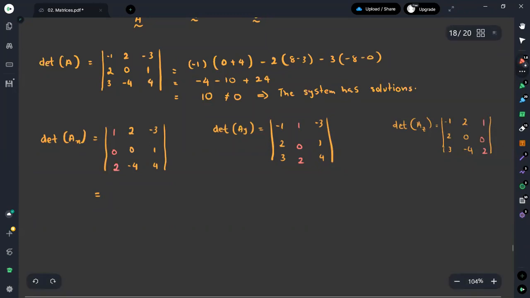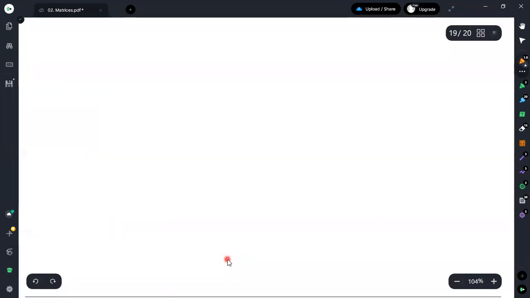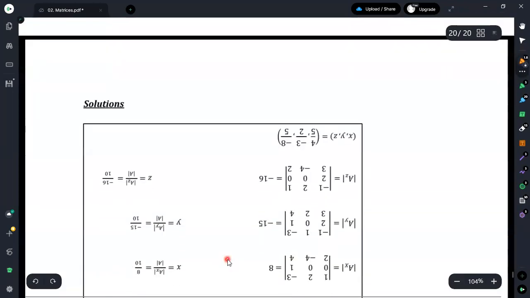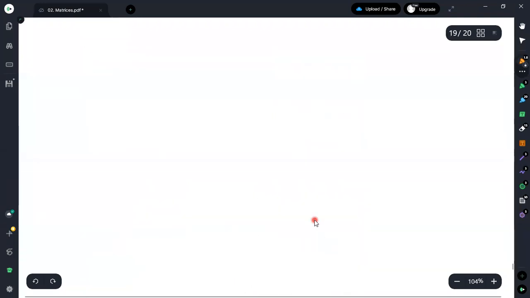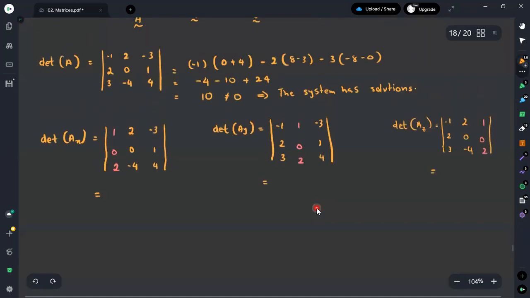Now we have to obtain the values separately for the determinant of Ax, the determinant of Ay, and the determinant of Az. Once you perform the calculation, you can obtain the answers. Ax is 8, Ay is -15, and Az is -16.